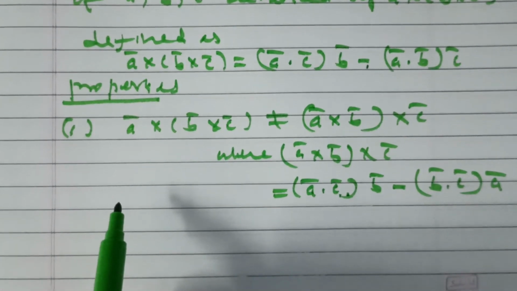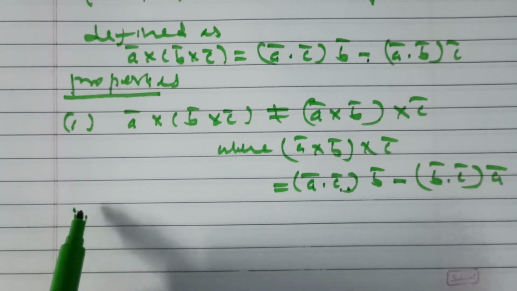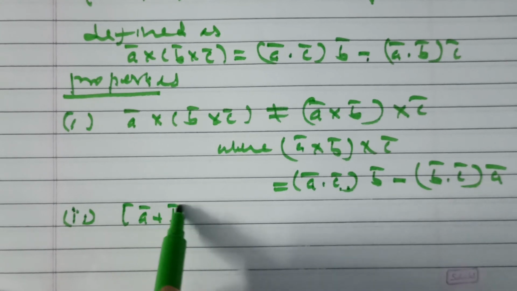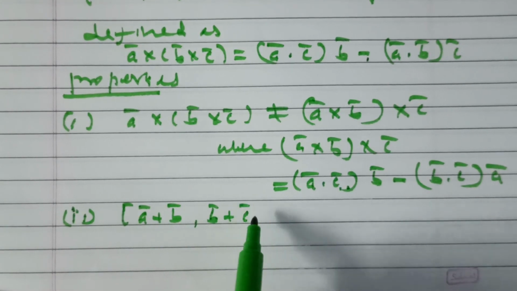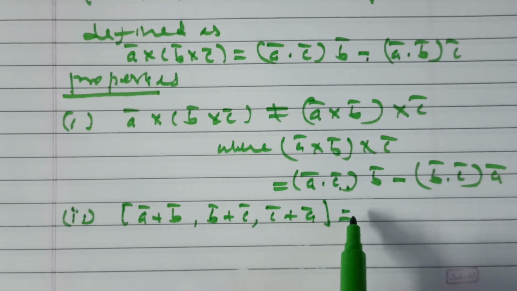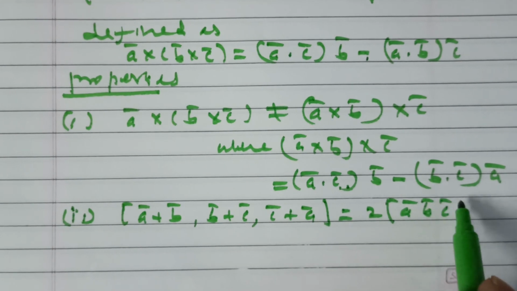Next, second one, triple scalar product a bar plus b bar, comma b bar plus c bar, comma c bar plus a bar is equal to 2 times of triple scalar product a bar b bar c bar.